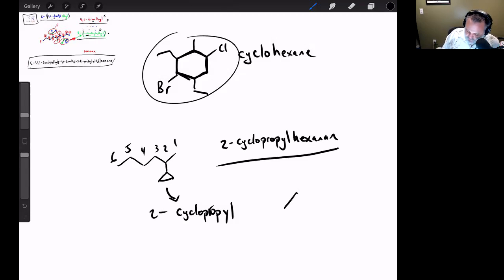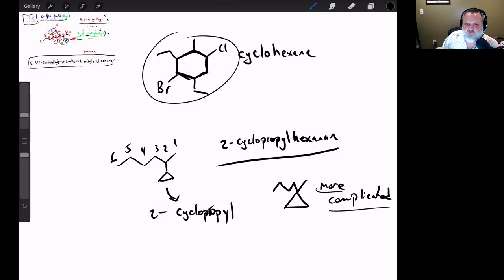When you get to a situation where you might have a cyclo group directly connected to another chain like this, this becomes much more complicated. At this point, it's not a cyclopropyl substituent. You have to then reconsider whether or not the cyclopropyl group is actually the main chain or not. And so that's going to be more complicated, and it's not really appropriate for this discussion at this moment.